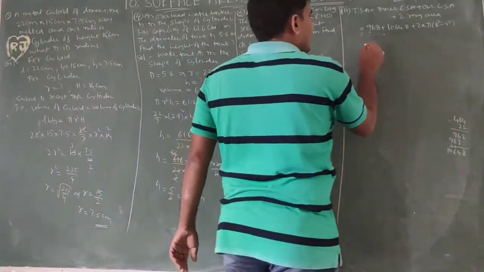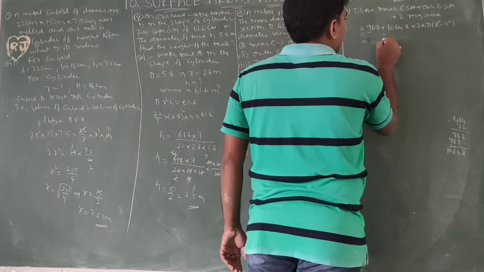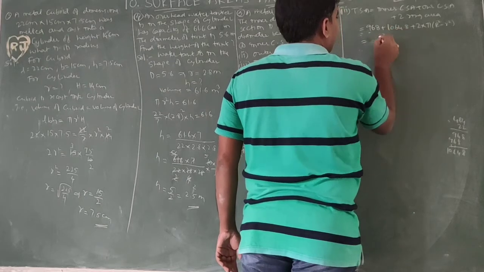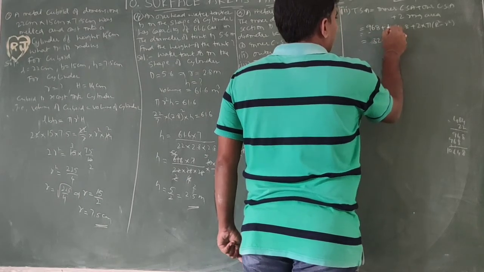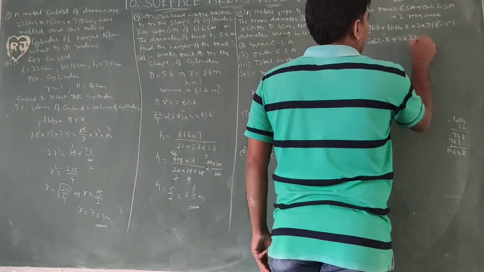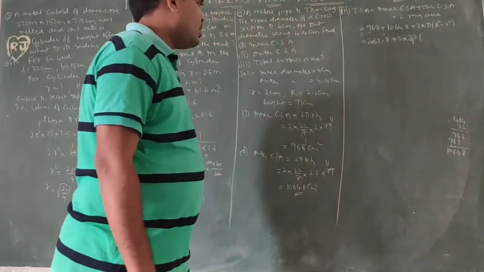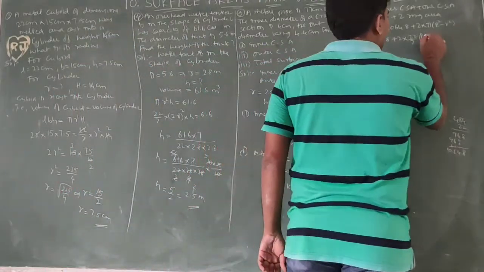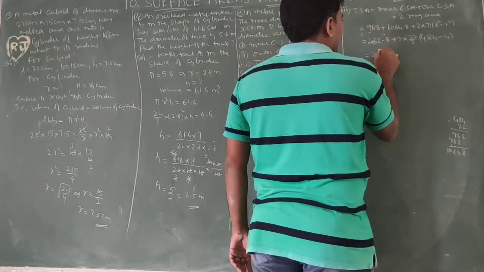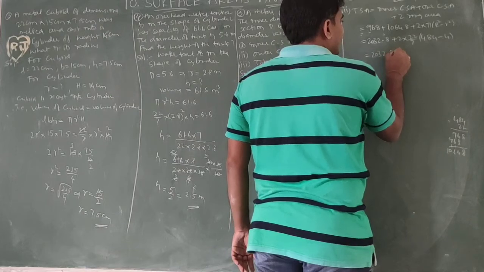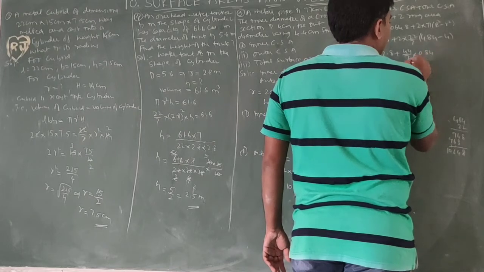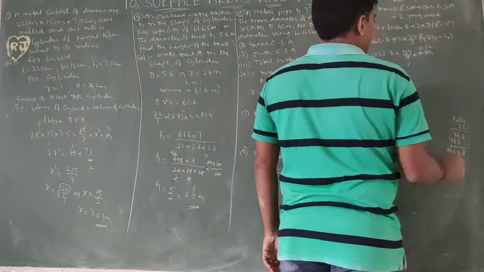Now 968, if we add 0.8, we get 2032.8. Plus 2 into 22 by 7 into capital R squared, 4.84, minus small r squared, 4. So 2032.8 plus 44 by 7 into 0.84. 7 into 1, 7 into 12.